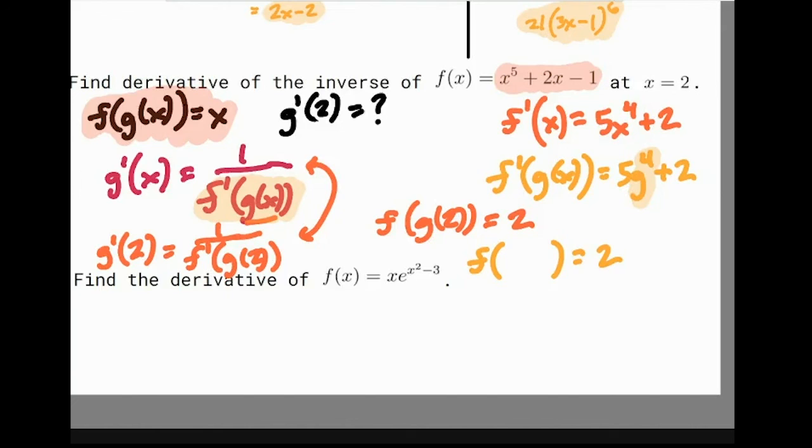This will be a non-calculator problem, and you have to solve x to the 5th plus 2x minus 1 is equal to 2, and you have to solve for x there. I don't think there's an easy way to do it besides guess and check. Usually when you do a guess and check on this, it's either going to be 1, 0, or -1. They're very small numbers because otherwise it would take you a year and a half to guess that. Unless someone has some other fancy way of doing it.